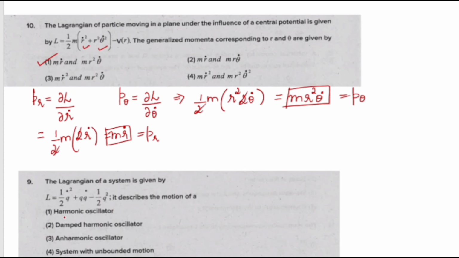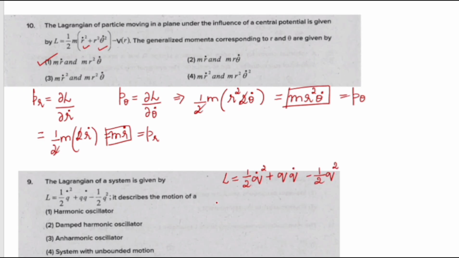They have given the options: a harmonic oscillator, a damped harmonic oscillator, an anharmonic oscillator, or a system with unbounded motion. Let us see which motion it describes. My Lagrangian is given as half of q dot square plus q dot q minus half of q square.